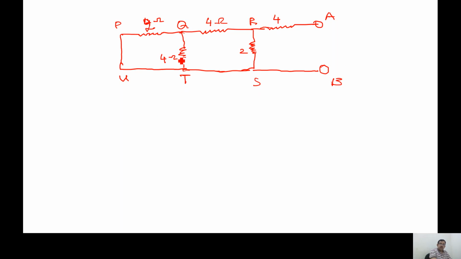You can see the 2 and 4 ohm in this part are in parallel, because the current bifurcates. So 2 in parallel with 4 gives an equivalent resistance.